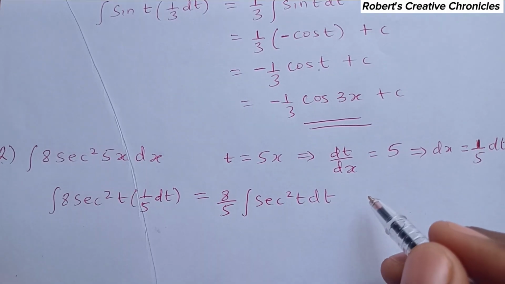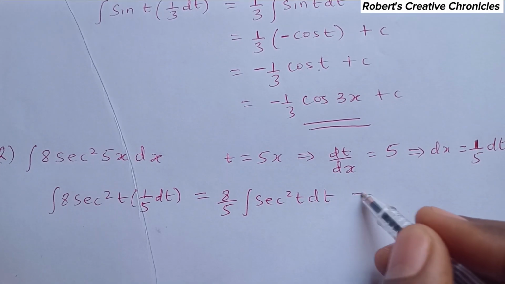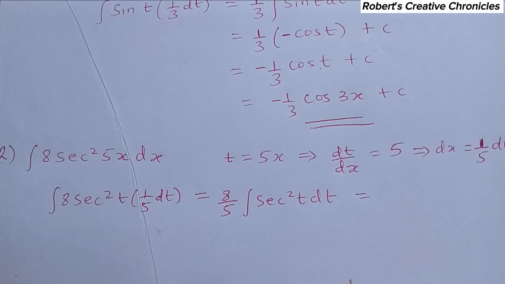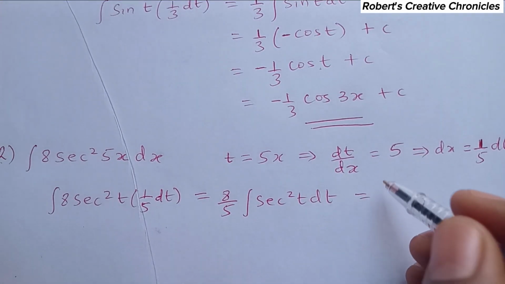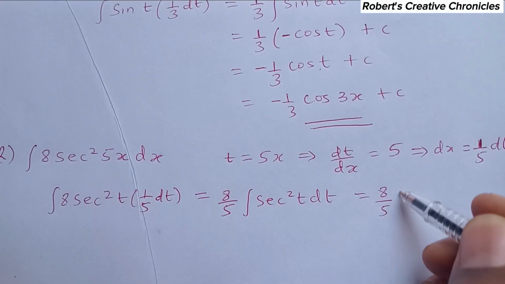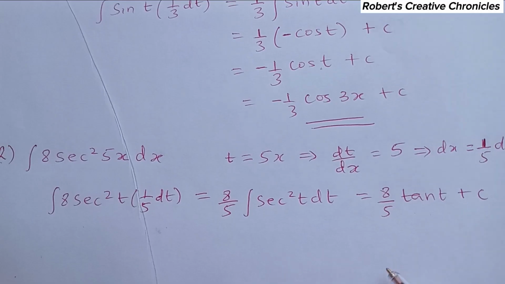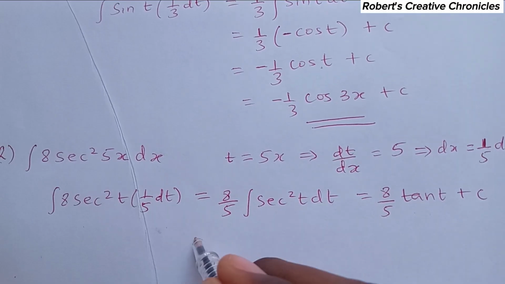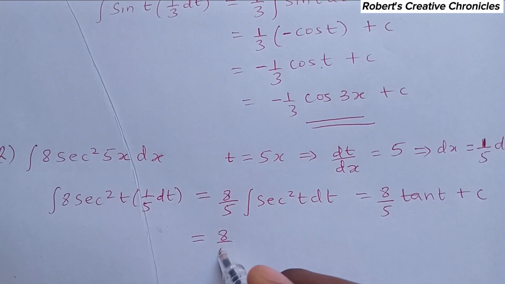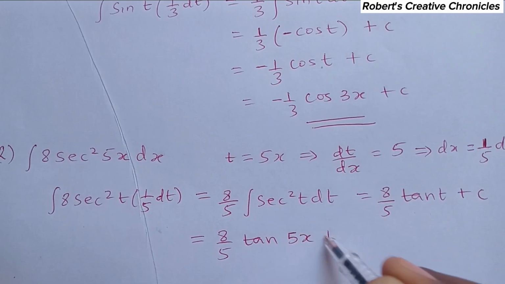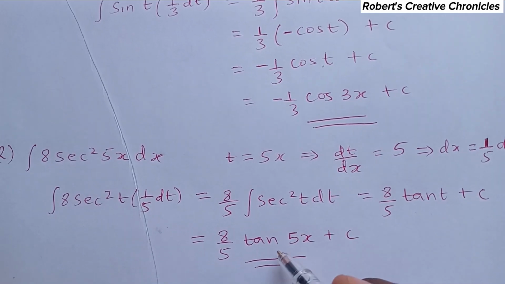So what's the integral of sec squared t? It is tan t. So it will become 8 over 5 tan t plus c. Now we'll substitute t here. The integral becomes 8 over 5 tan 5x plus c. And this is the answer.